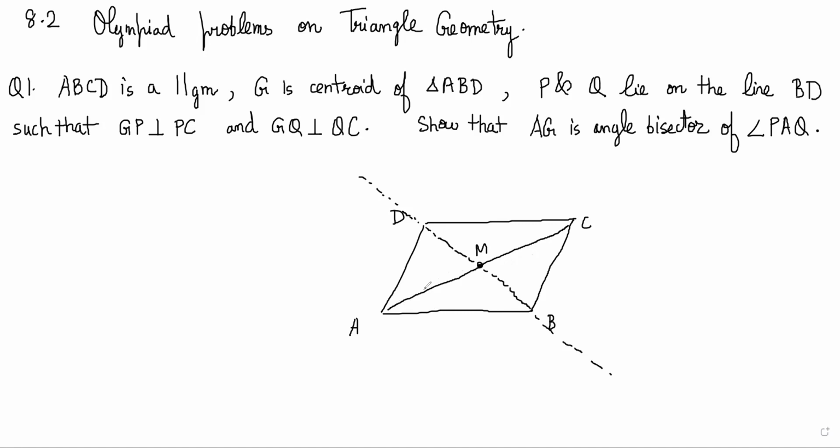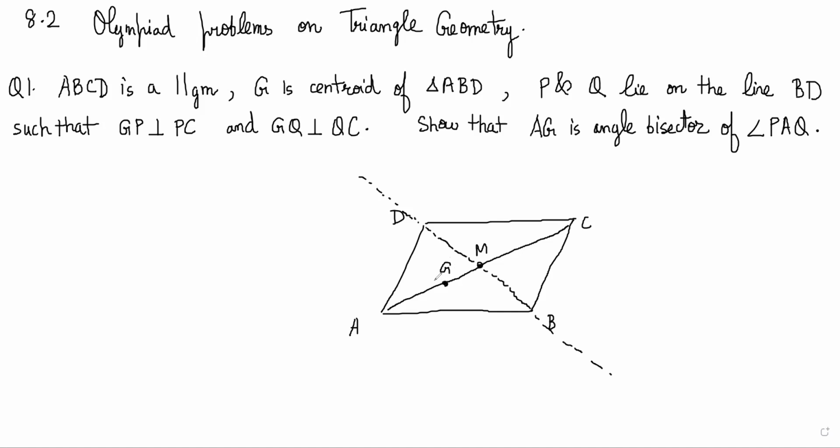Therefore, the centroid G will lie on the median, somewhere here in a 2:1 ratio. So this is my G, and now we have to make lines from here.